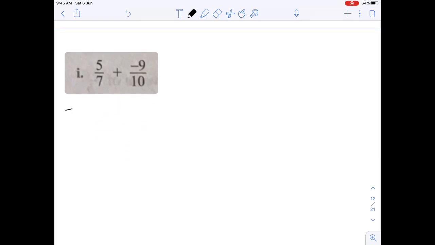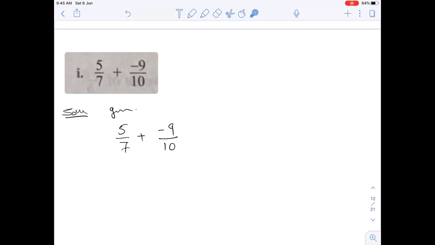In the previous example both numbers had the same denominator. Now in this example we have different denominators. We have 5 upon 7 plus minus 9 upon 10.